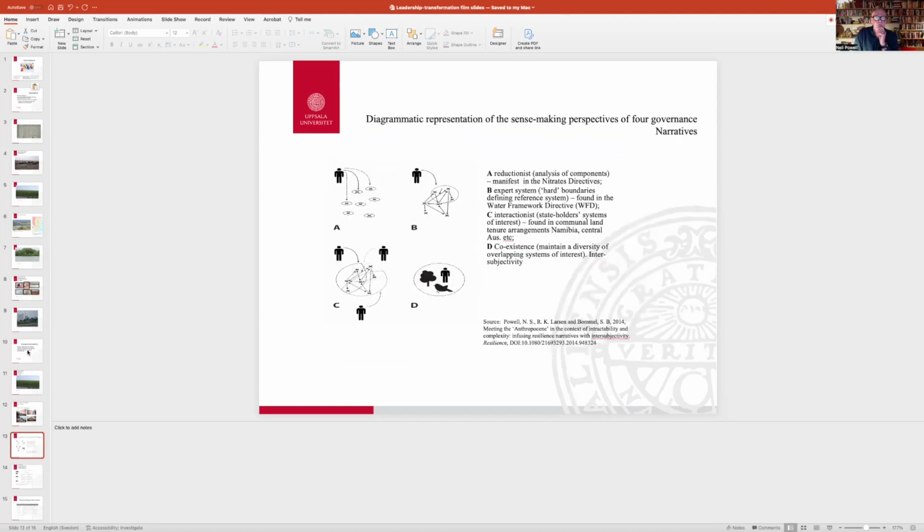And I don't know why all these slides occur here, but I think this picture perhaps depicts a little bit the different sense-making perspectives when it comes to systems and how we govern different systems.